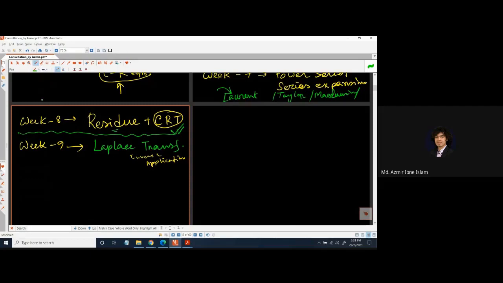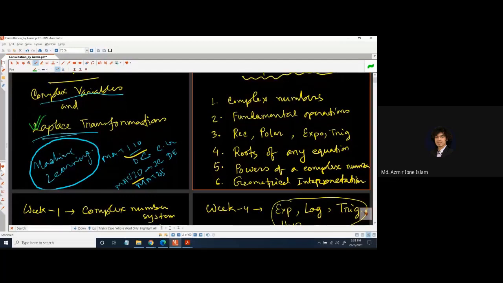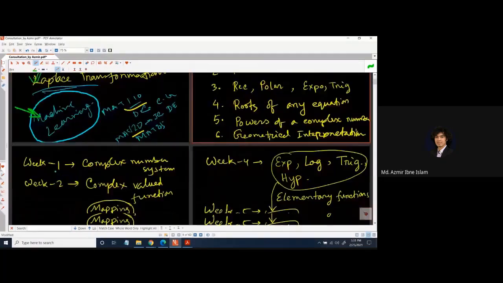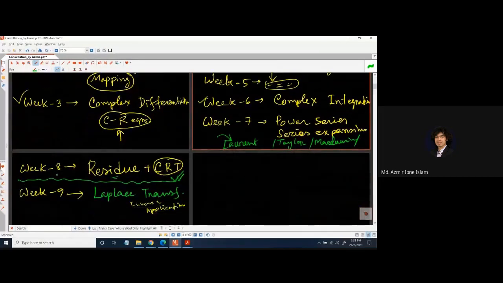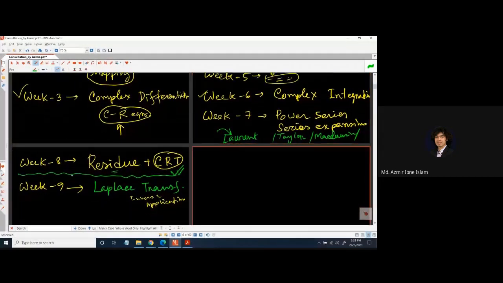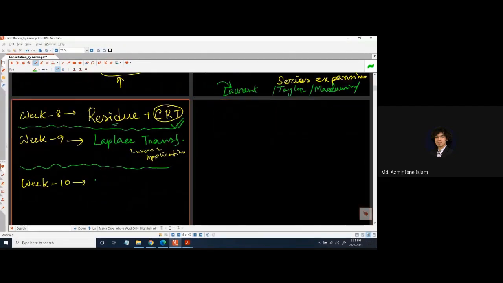So you know that after Laplace transformation, we have another part attached, that is machine learning. So here you will see continuous optimization, discrete models, and then linear regression, and also dimensionality reduction. So in week 10, we will be starting machine learning.